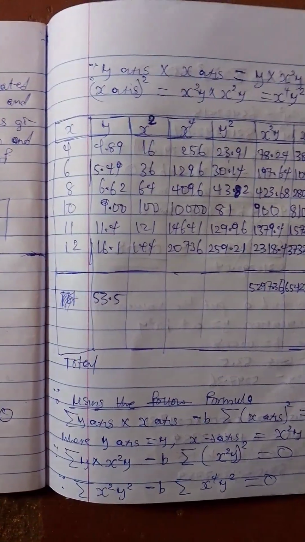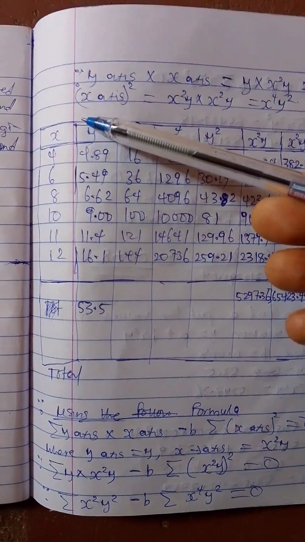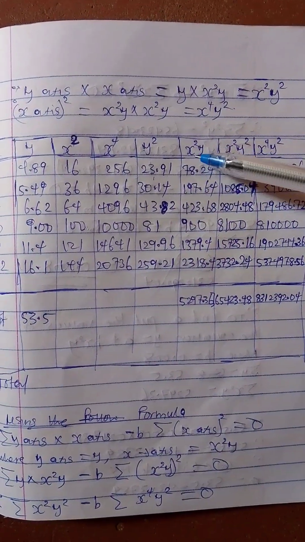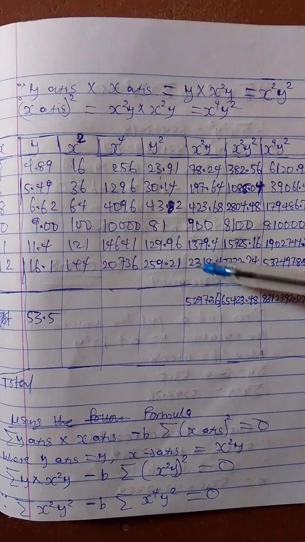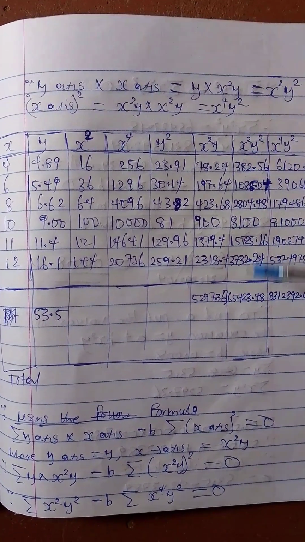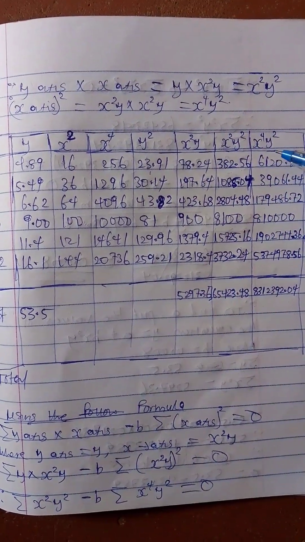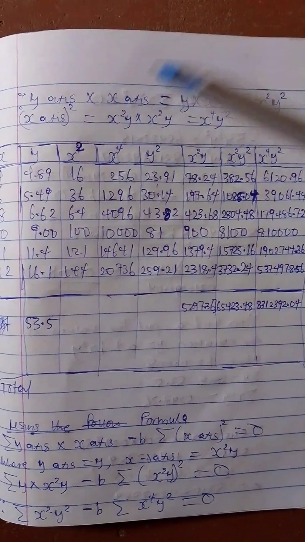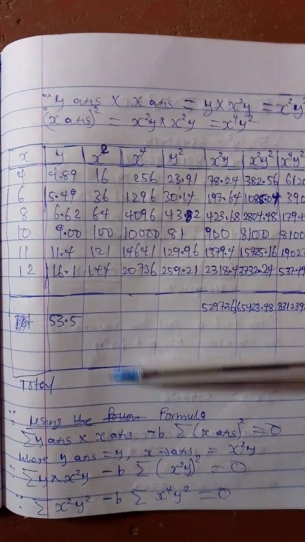So after doing that, I have to find the total of it. Now therefore let's find the total of y. The total of y is this. Now again, the total of x squared y is this. Now the total of x squared y squared is what? Is this, and the total of x4 y squared is this. If you like, you can find the total of all of them.